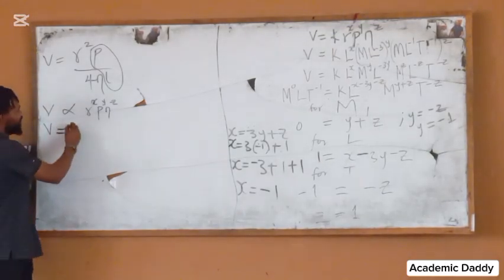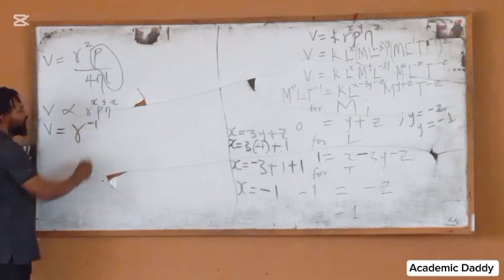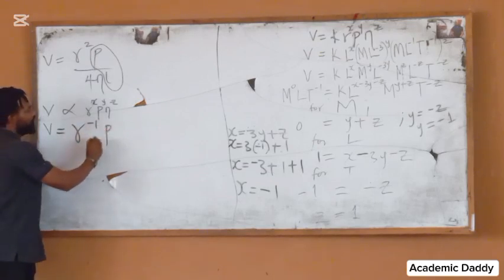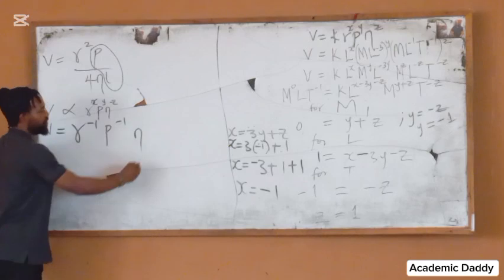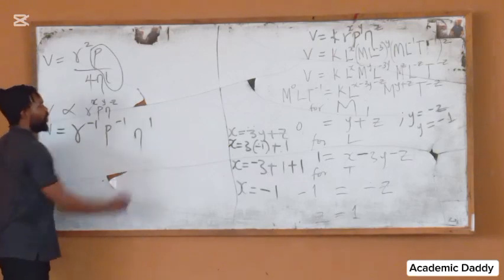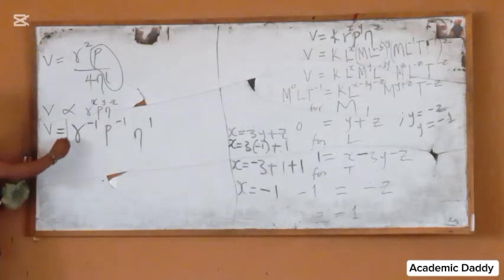So this is the same thing as saying r equals minus 1 for x, rho equals minus 1 for y, and viscosity equals 1 for z. And remember, we have our K once we introduce the equality sign.